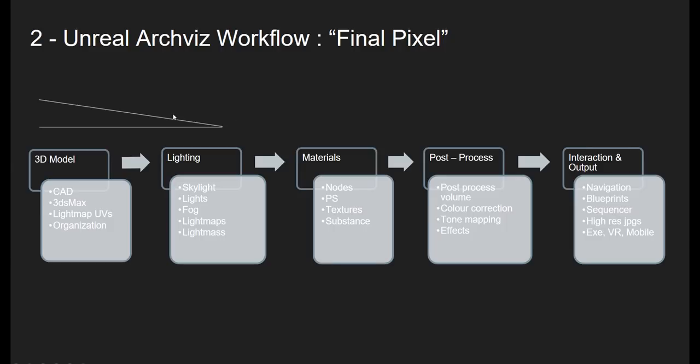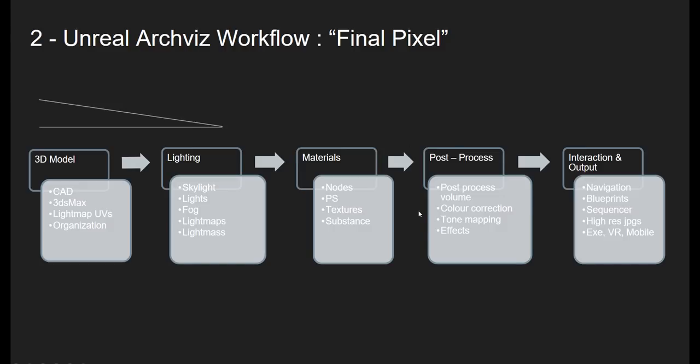Again, to go back to the title here, we've got Unreal Final Pixel. So what does that mean? Unreal is dedicated to creating the final pixel on screen. That means that it's trying to encompass much more of the workflow than we would be dealing with when using just V-Ray, for example.